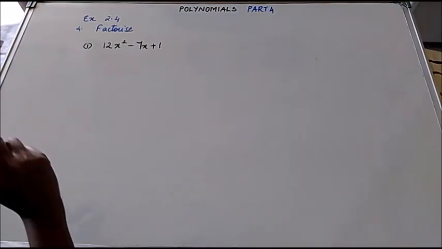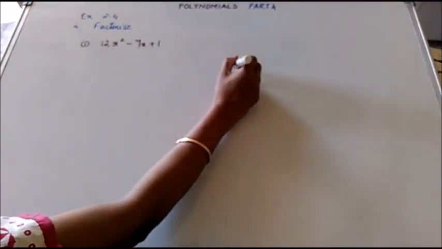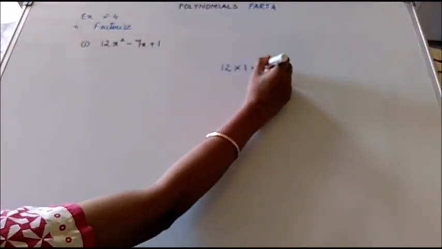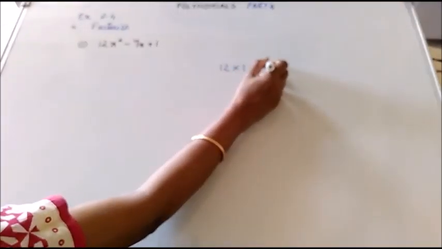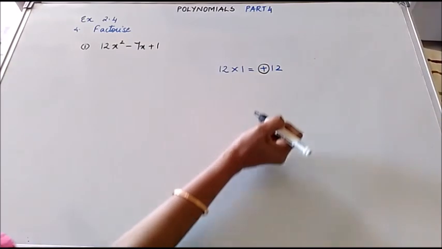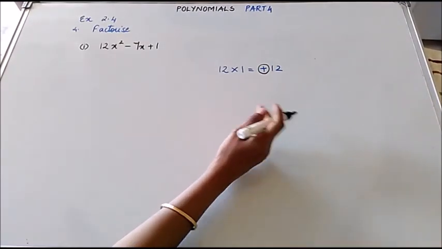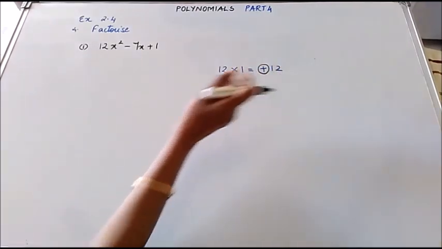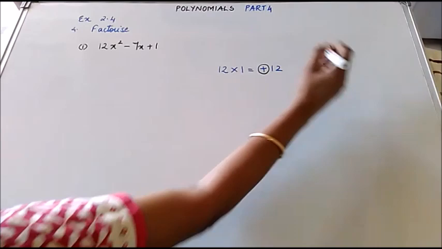What is the first thing that we should do? Coefficient of the first term, that is 12, into the last term, that is 1. 12 into 1 is equal to plus 12. Now here the sign plus is important, as it will decide that should we add the factors of 12 or should we subtract the factors of 12 to get the coefficient of the middle term, that is minus 7.